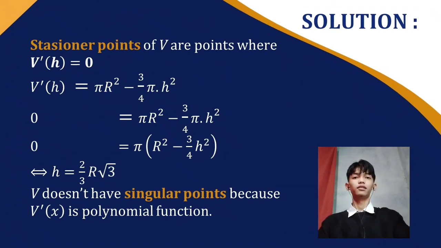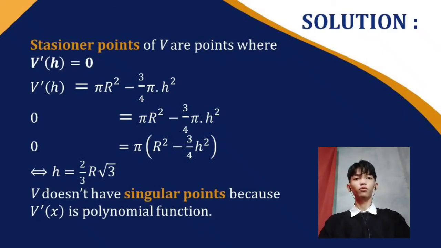And then the stationary points of V are points where V prime of H equals 0.